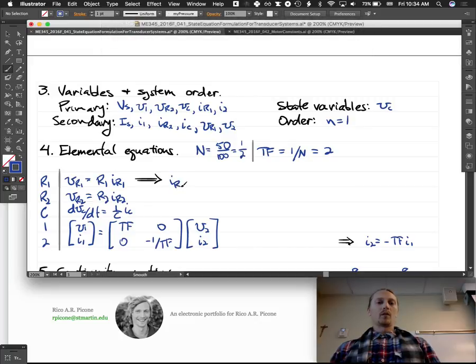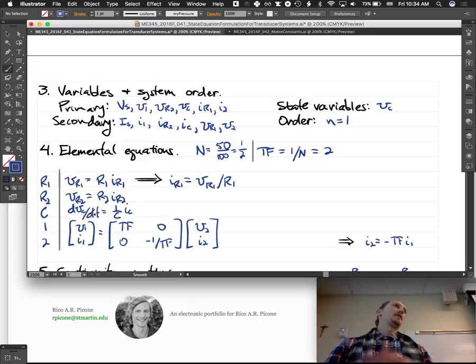So IR1 equals VR1 over R1. VR2 is a primary variable, so we're good on that. So VR2 shows up there. VC is a primary variable. It happens to be our state variable, so it's on the left-hand side already.